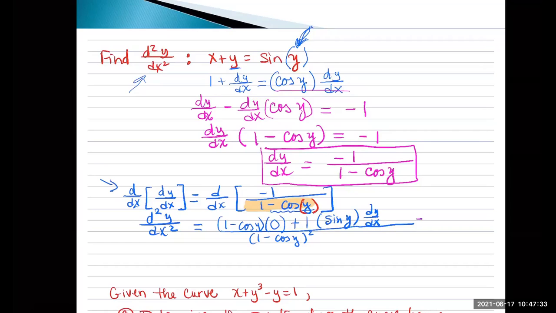And let's rewrite that to make it look better. So now I have sine y times dy dx over 1 minus cosine y squared. And I'm not quite finished, but any questions to there before I go on?